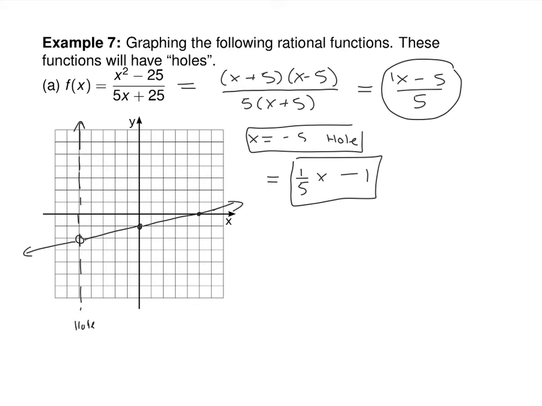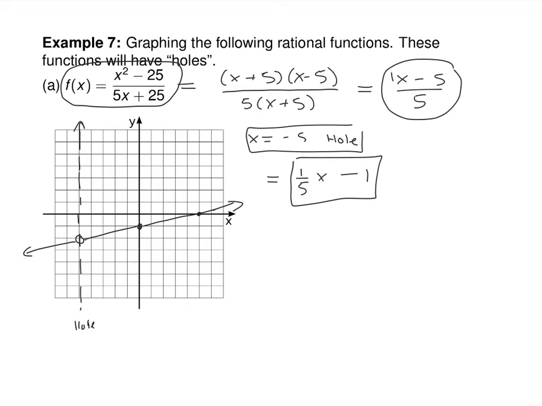That's called a removable discontinuity because you can fix it by just filling the hole in. If you were to graph this on a graphing app or a graphing calculator, I don't think it will recognize that there's a hole there. It's not that smart, but it will give you this line shape. Does that idea make sense?